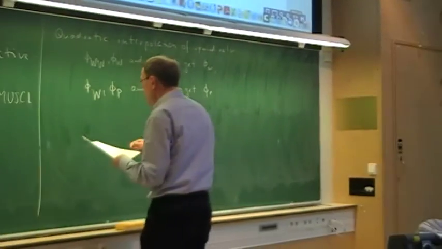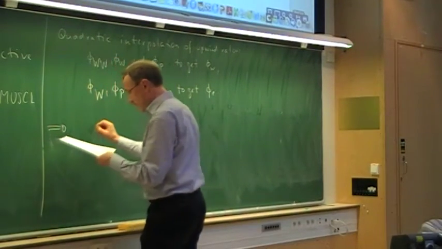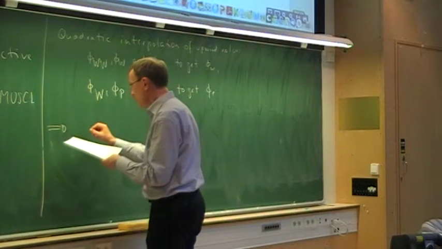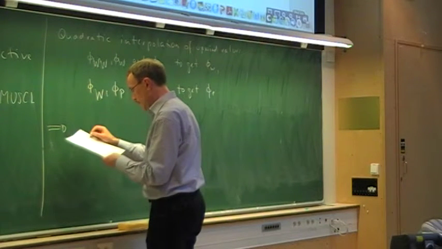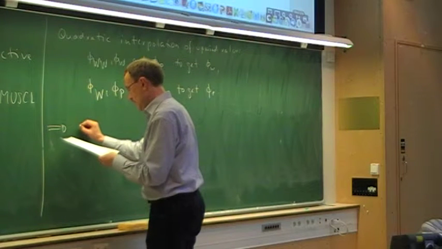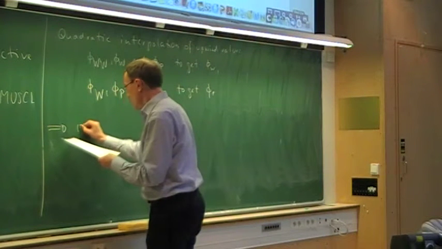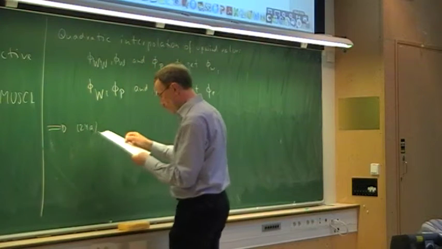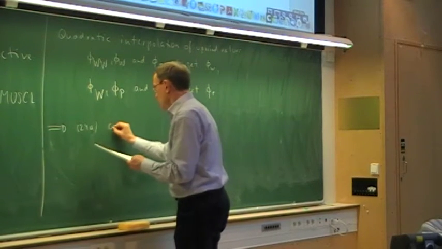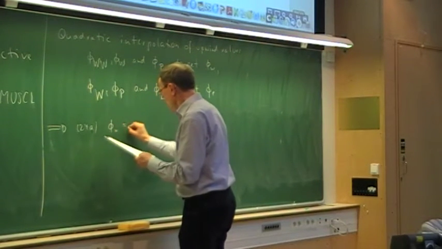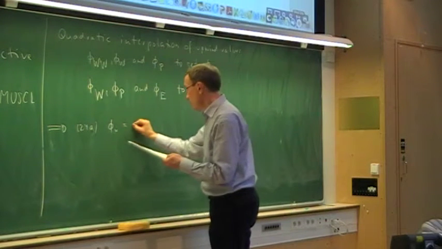So what does that lead to? From that we get the following formula, 24a. That is the phi w, the one that we get from this interpolation.